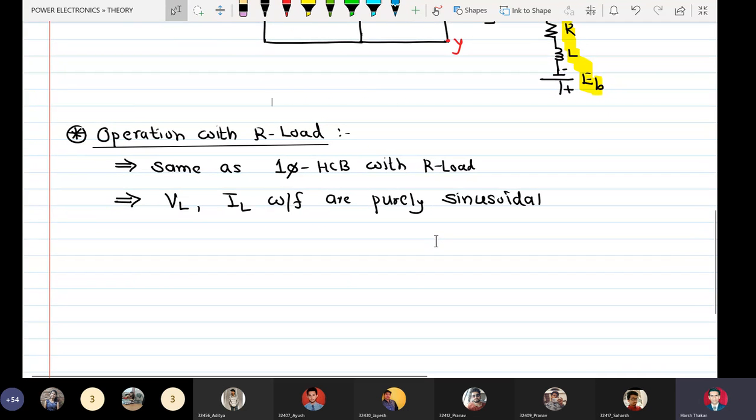So we can say that T1, T2 will conduct from alpha to pi.